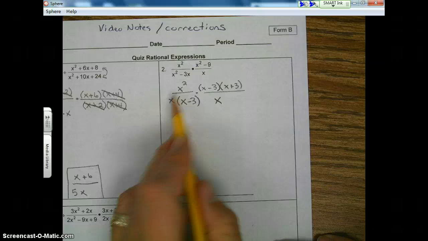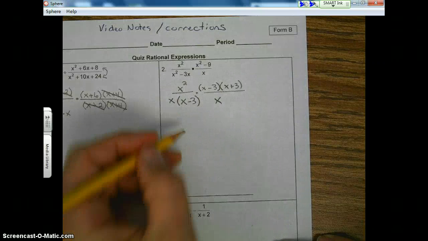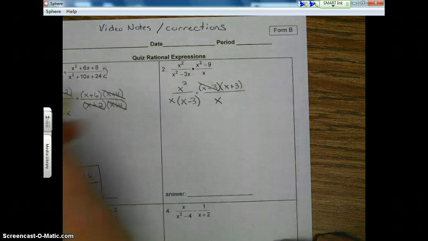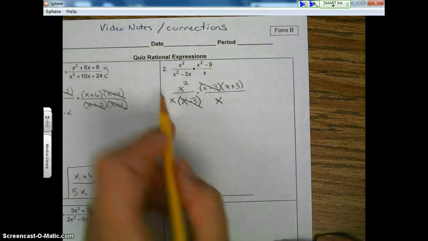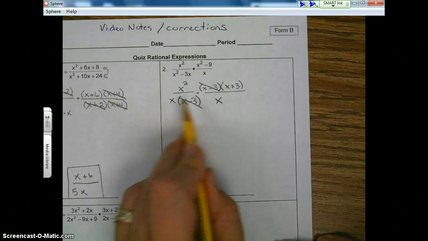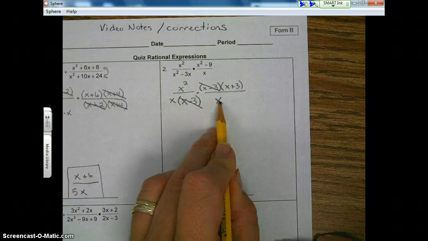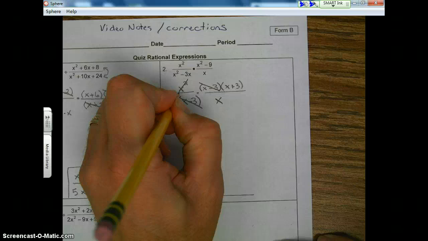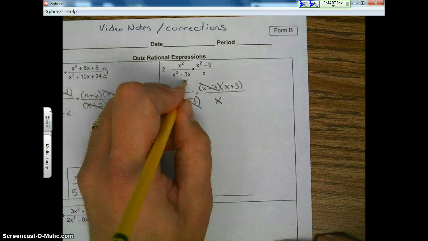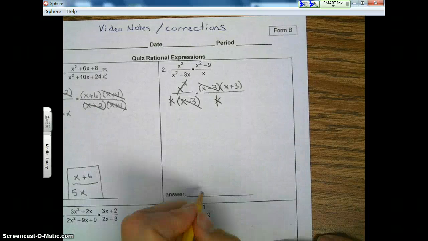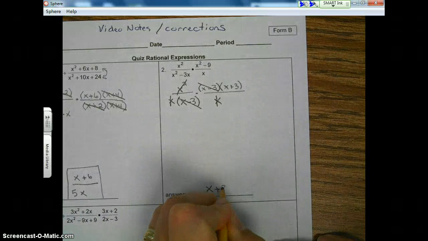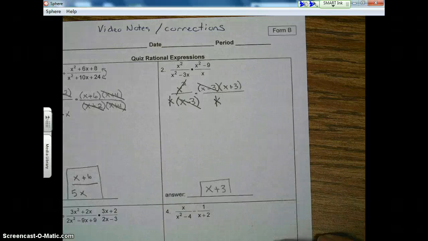So, canceling. I like to start with canceling out my groups. And then I look at my terms. Well, I know that x times x is x squared. So these two x's cancel out with these two x's, leaving me with x plus 3.